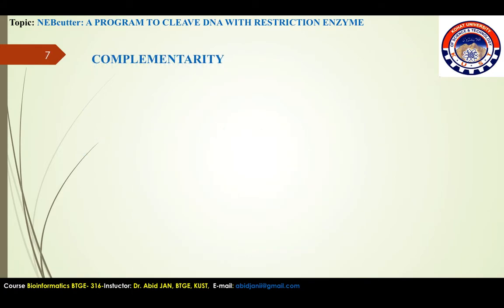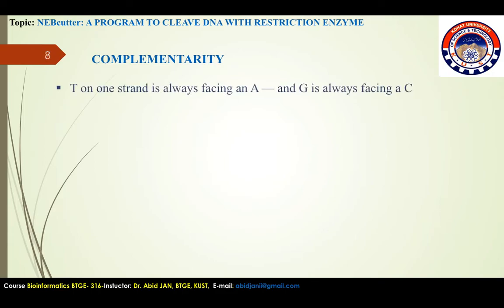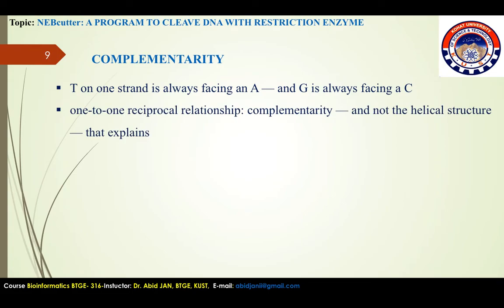Now, what is complementarity? By complementarity, we mean that a thymine on one strand is always facing an adenine and vice versa, and guanine is always facing a cytosine. These couples A to T and G to C have a strict one-to-one reciprocal relationship.